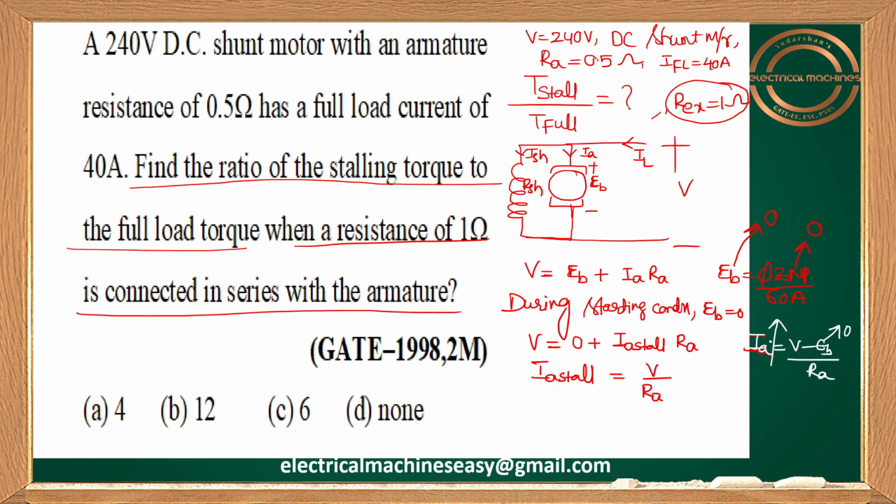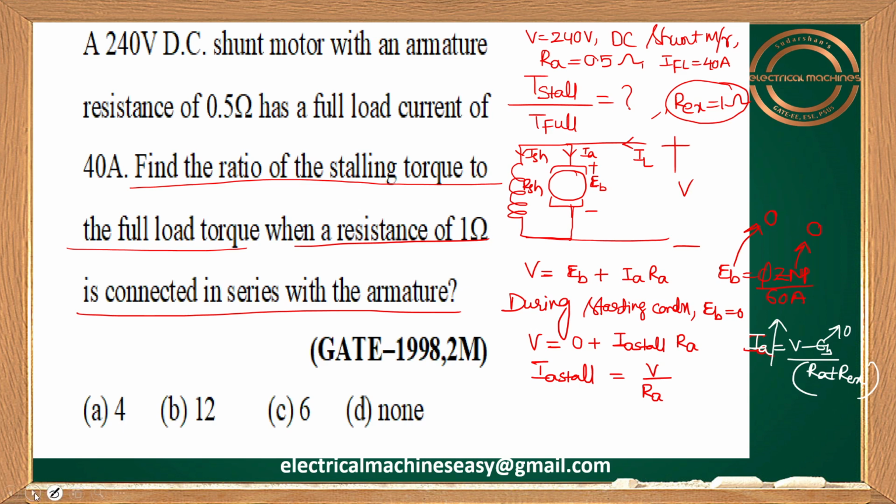To reduce these high starting currents, we add some extra resistance in series with armature. During starting condition, since back EMF is 0, the IA value is very large. So that's the reason why we have to connect some external resistance in series with armature during starting condition.